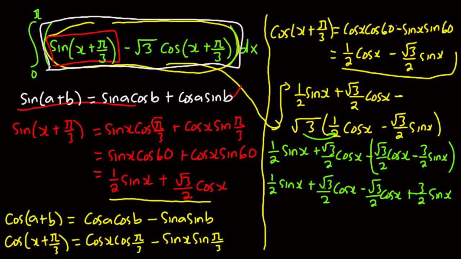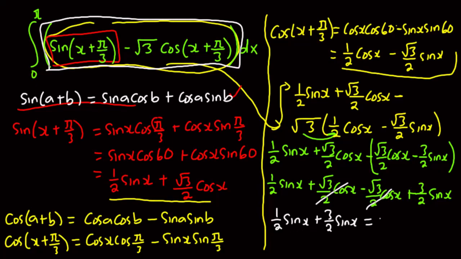So what it means is that these two cancel out, so we'll be left with half sine x plus 3 over 2 sine x, and the LCM is 2, so we'll just add the numerators and then pick one of the denominators.